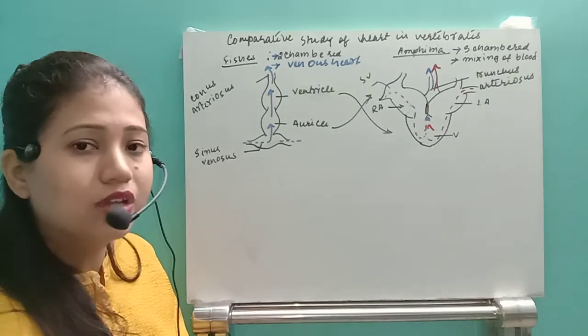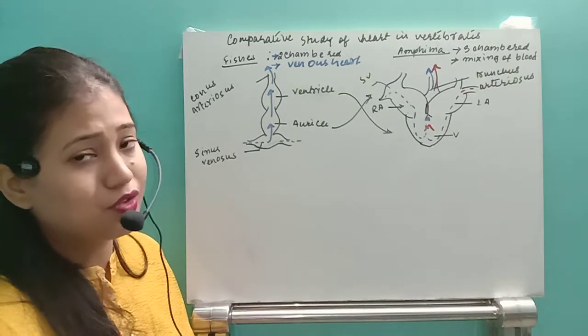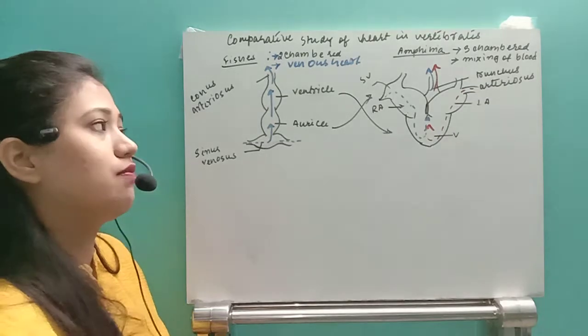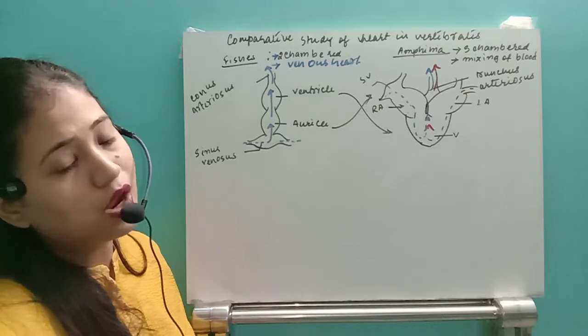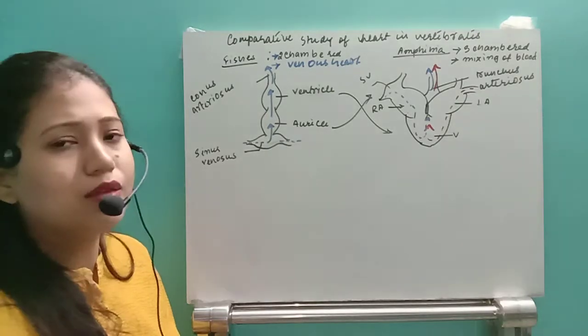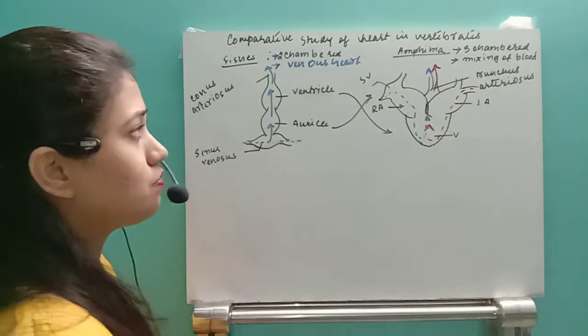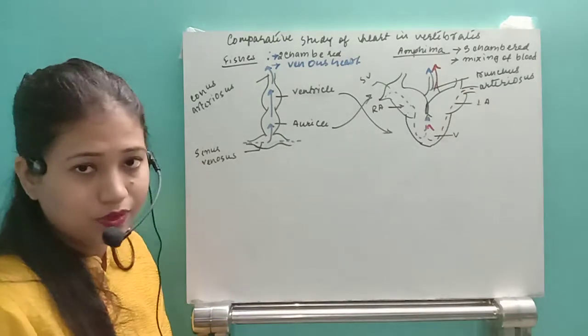When both auricles pump the blood to the single ventricle, the blood will mix in the ventricle, and that's why whenever the ventricle pumps, the truncus arteriosus carries both oxygenated and deoxygenated blood. So this is what is found in case of the amphibians.